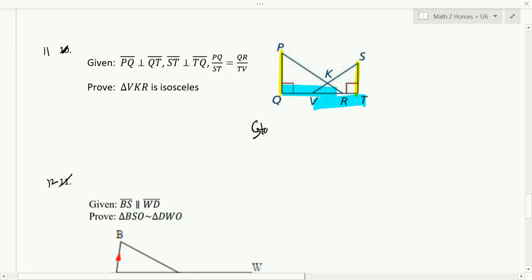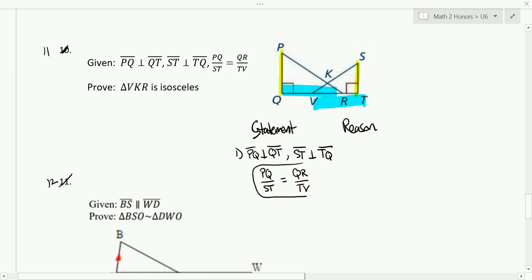The statement, reason. So our givens are PQ perpendicular to QT, ST perpendicular to TQ, and they give us PQ over ST is equal to QR over TV, and that right there did a lot of work for us.